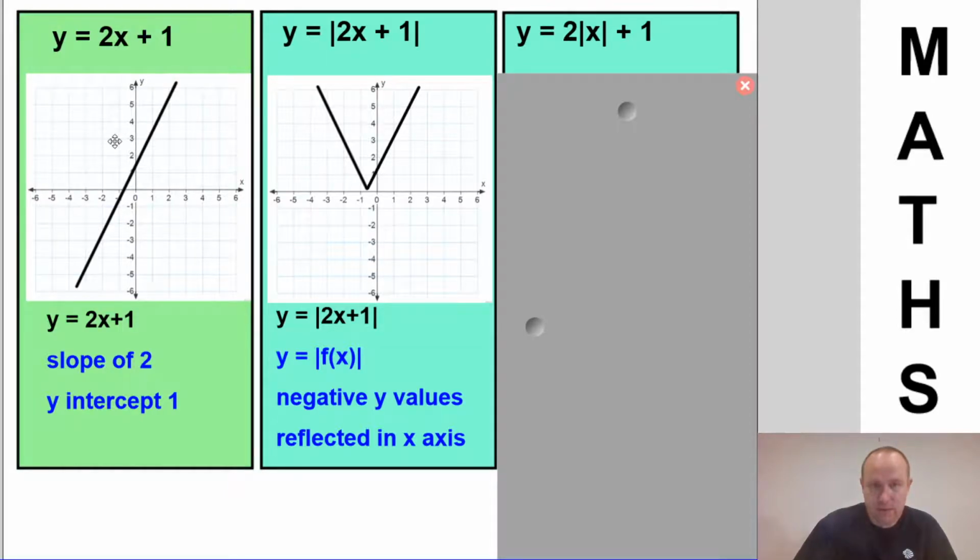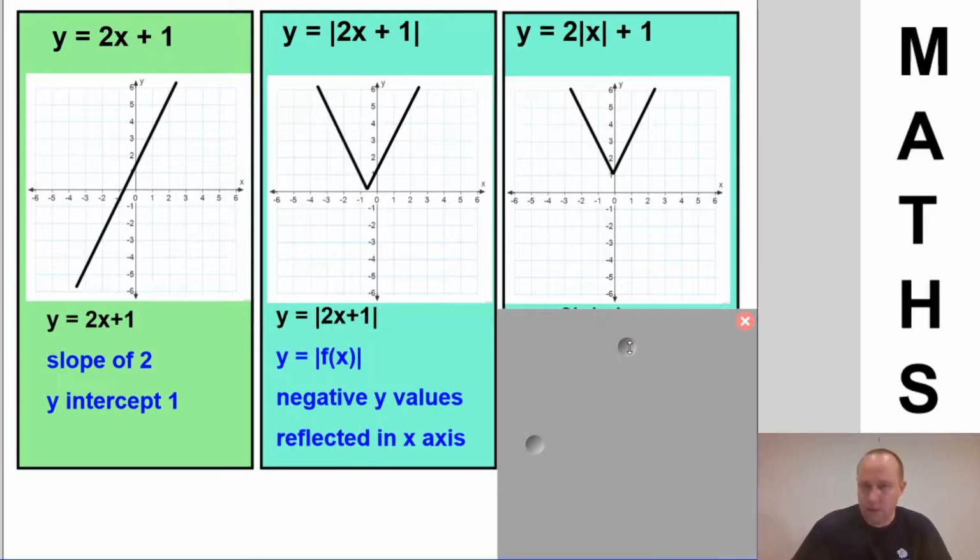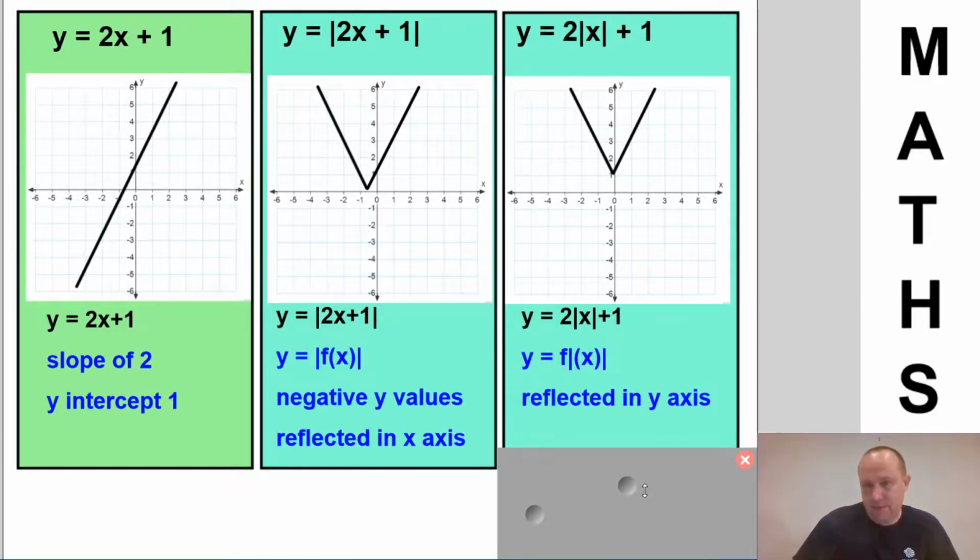So on my graph, it looks like it's 3. And if I do that for several points, what you get is this. So I still have my V shape, but notice what happened. I drew the right-hand side of the graph, but then I reflected that right-hand side of the graph over to the left-hand side as well. And very easy to mix these two graphs up, so make sure that you do learn these ones.